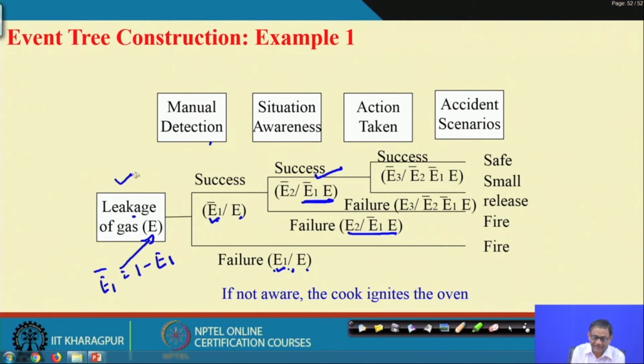So, you are considering this and this and this, and accordingly the given condition is increasing, meaning leakage occurred, manual detection is successful, situation awareness is successful in this case, and then action is taken. In this one, E2 situation awareness successful, E1 bar manual detection successful, and E leakage occurs. So, that is the conditional event. Okay.